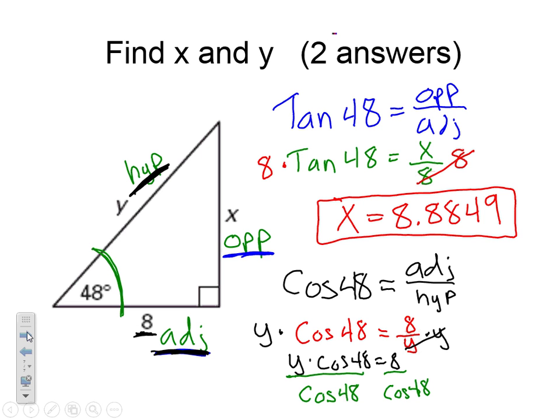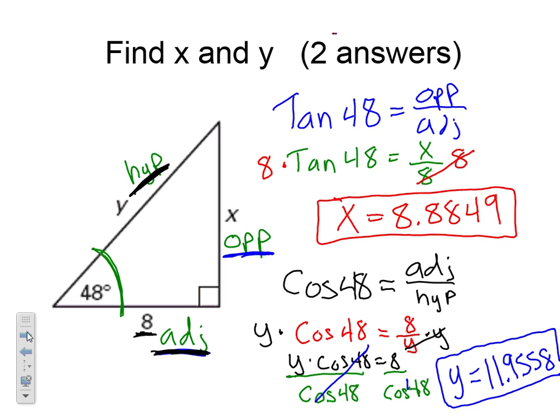If I do that, these cancel. In my calculator, I'm going to type in 8 divided by the cosine of 48. So y is going to equal 11.9558. And that is my value for y.